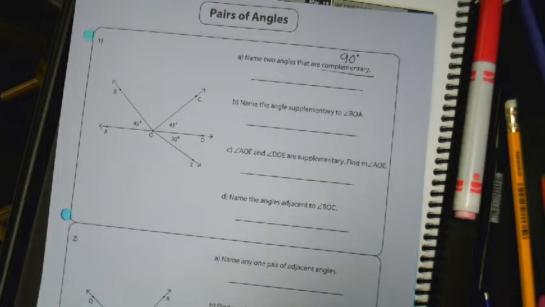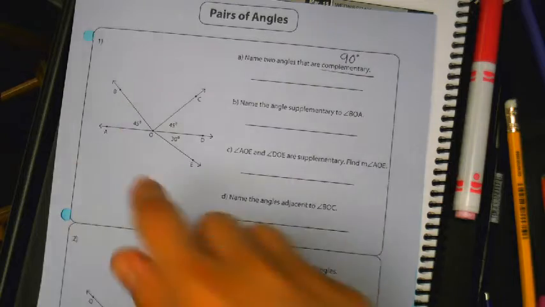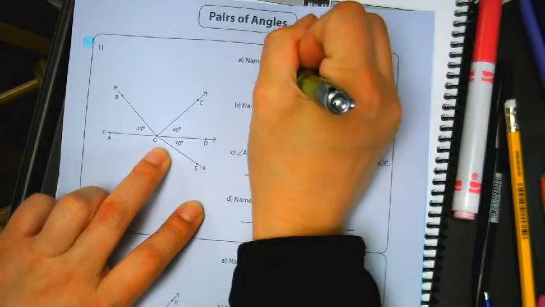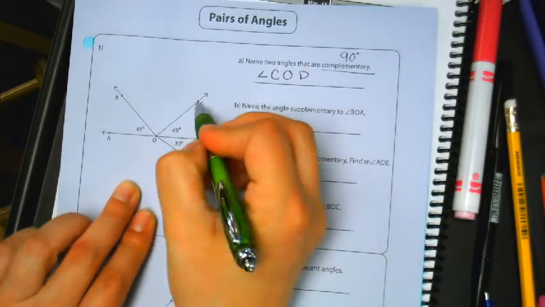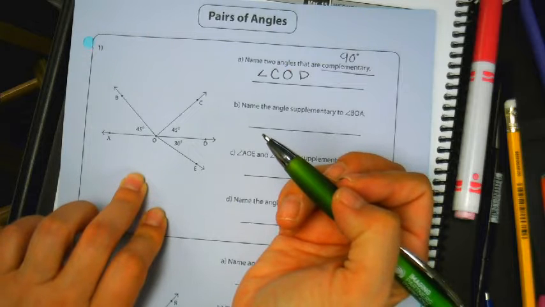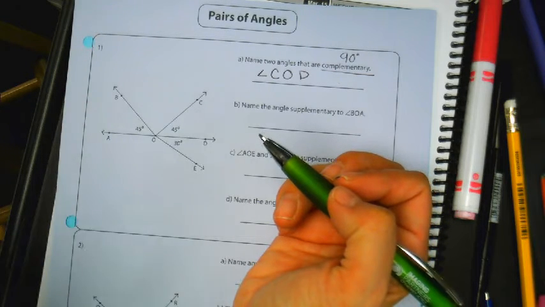So in order to name an angle, you need 3 letters. You need 3 letters to make up one angle. COD. So angle COD. So COD with what angle? You need 3 letters to make one angle.